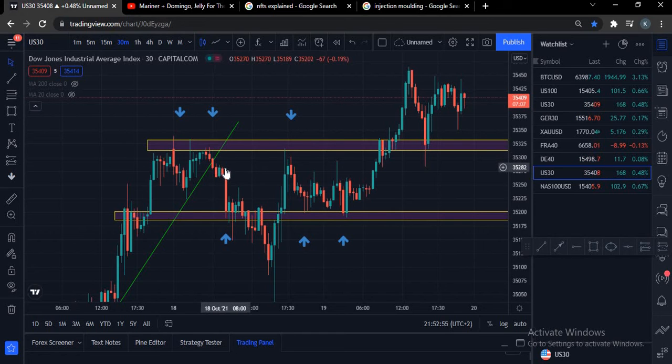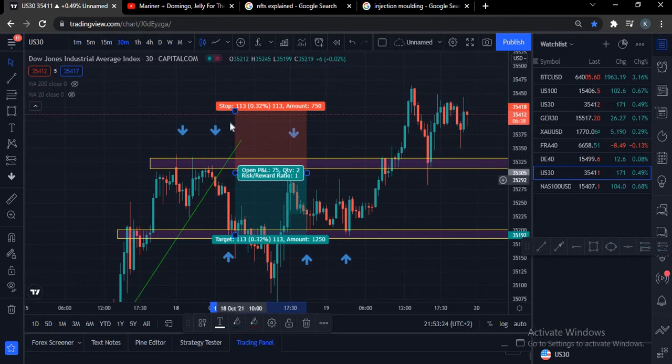So if I would enter at this zone over here, right, and put my stop loss around here, about there, it's going to be like 50 points, for example. 50 points from there. Let's see something. Short position.